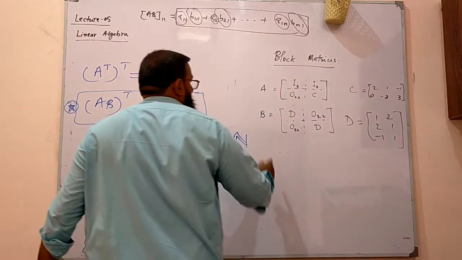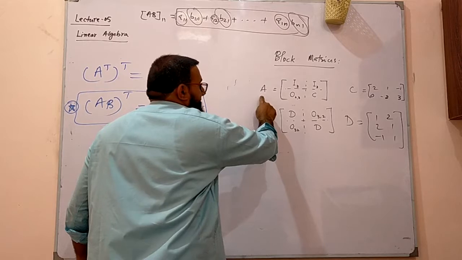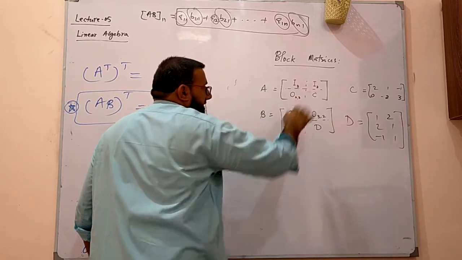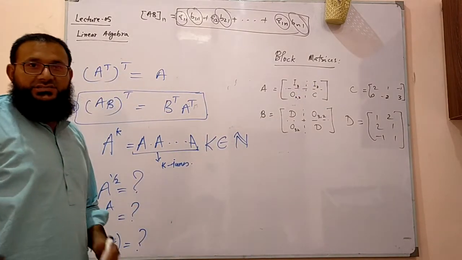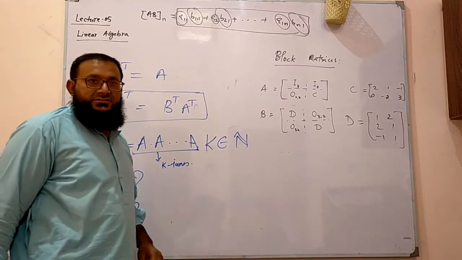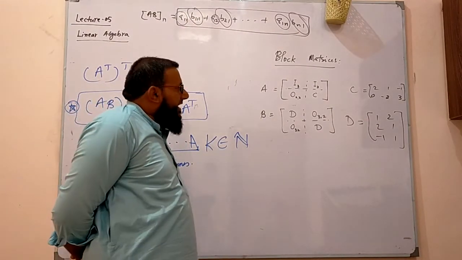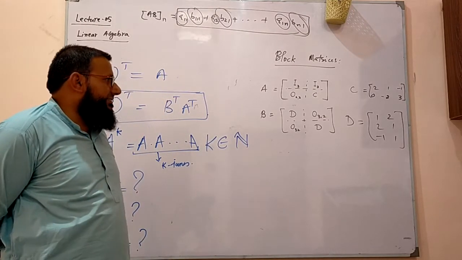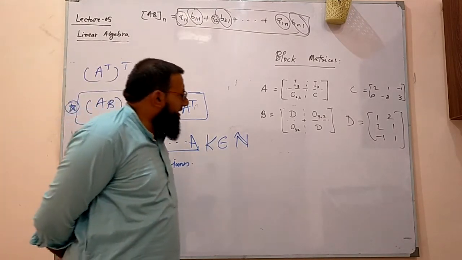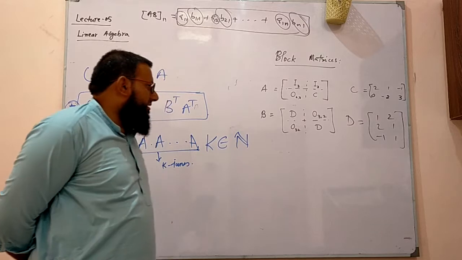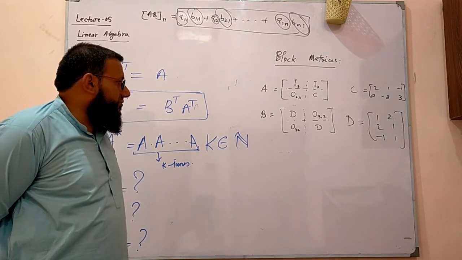If I ask you to write this A matrix, can you write it? It will be a very long matrix, but we can write it. I think these are rectangular matrices as well, but we'll see whether these matrices are rectangular or square.